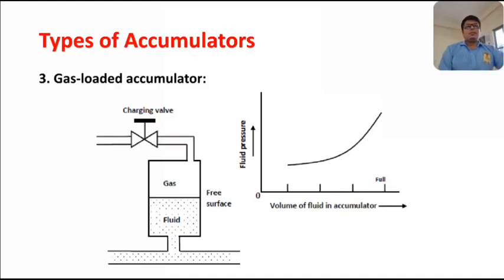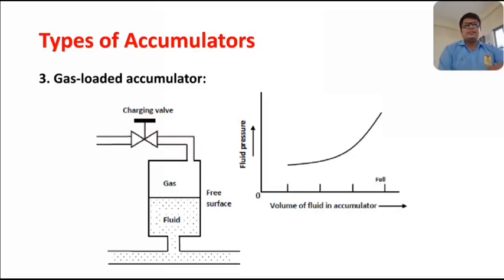The exact shape of the accumulator characteristic curve depends on the pressure volume relations. You can see from the figure a graph of fluid pressure versus the volume of the fluid, and one curve shows the relation between the two quantities. If we compare these three accumulators, then if we want a constant fluid pressure flow, we have to go for the first one, that is the gravity accumulator.